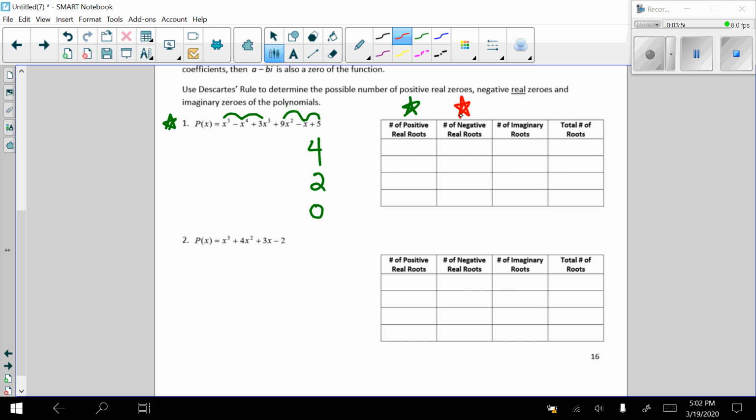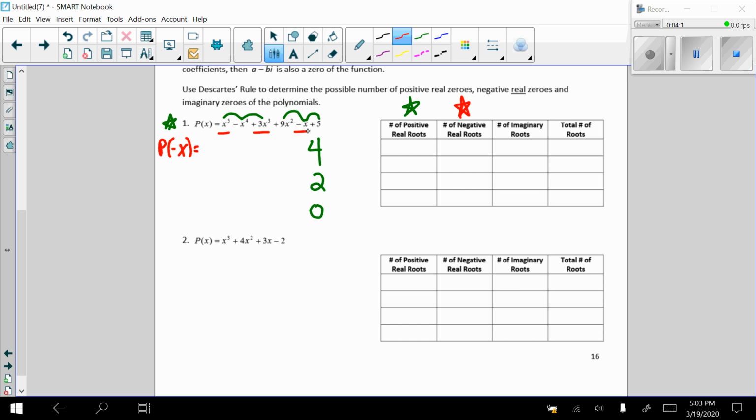Okay, so the next step is to look and figure out how many possible negative real roots we may have. This is done in a very similar fashion, but what we do is we substitute negative x in. So we do p of negative x. Now, if you want to make your life easy, I want you to underline every term that is raised to an odd power.